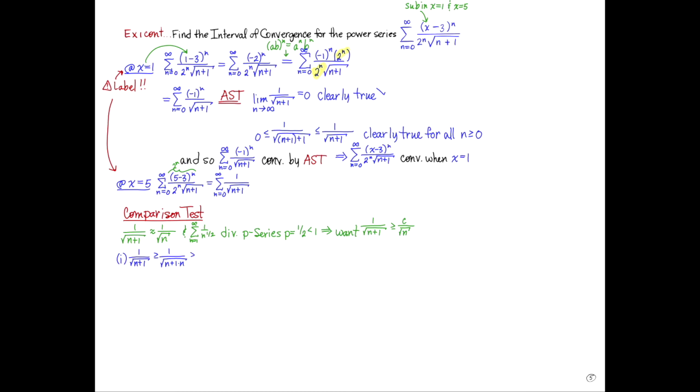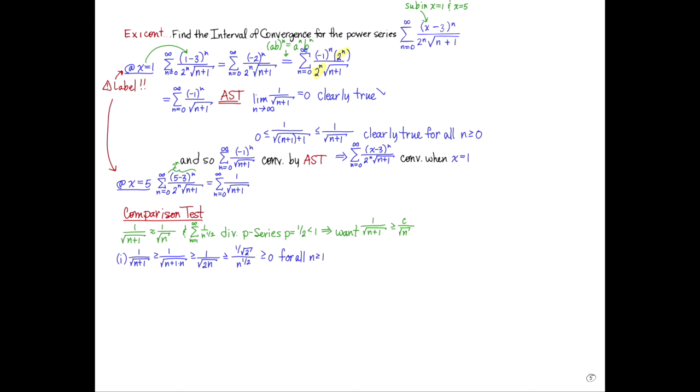This is greater than or equal to 1 over the square root of 2n. And we can simplify that by bringing the 1 over square root of 2 up into the numerator and leaving the square root of n, or n to the 1/2, in the denominator. And this is going to be greater than or equal to 0 for all n greater than or equal to 1.